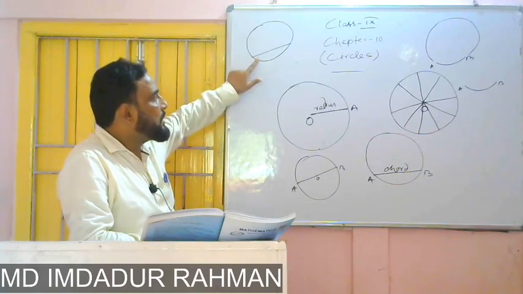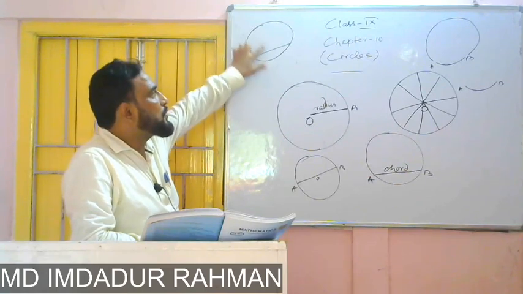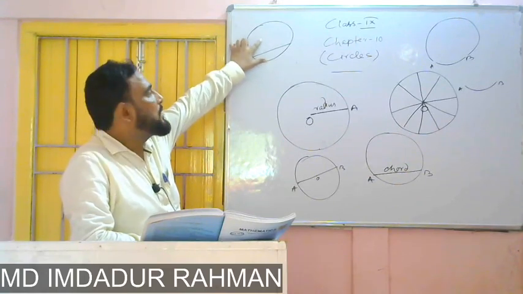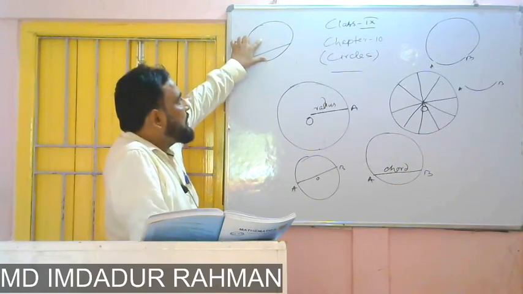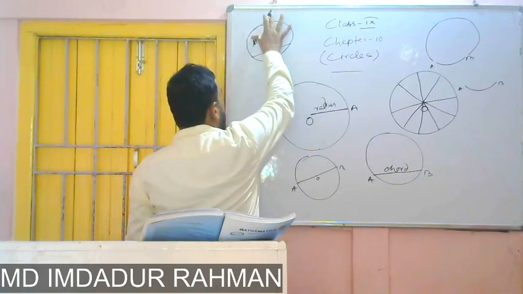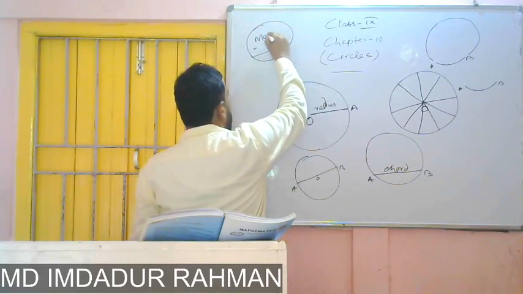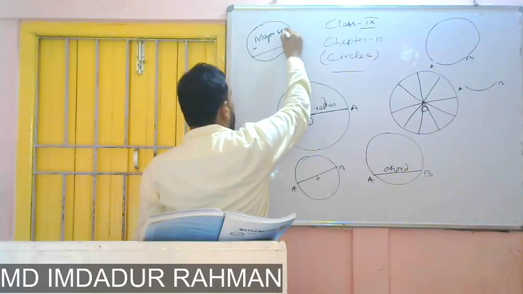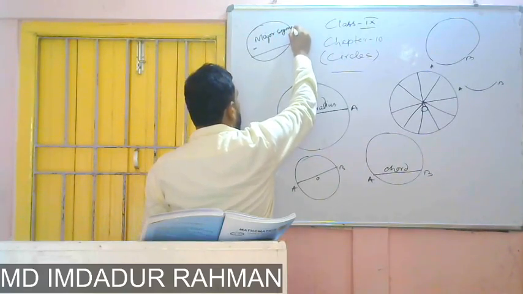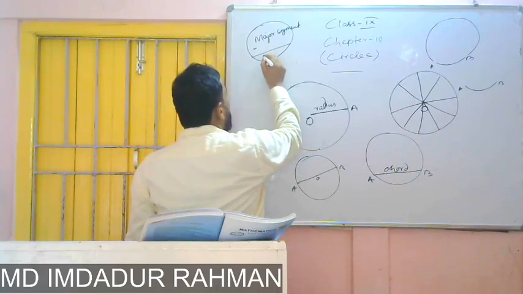When a chord divides the circle into two parts, each part is called segment of the circle, and the larger part is called major segment. And the smaller part is called minor segment.